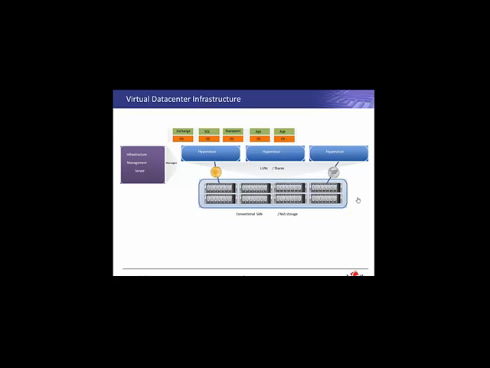Since the array is now capable of understanding the virtual machine boundaries, it could provide performance metrics for the virtual machine. Correlating the compute and network metrics with the storage metrics gets simplified a lot. The result is simple troubleshooting of problems, identifying the bottlenecks throughout the virtualized environment.